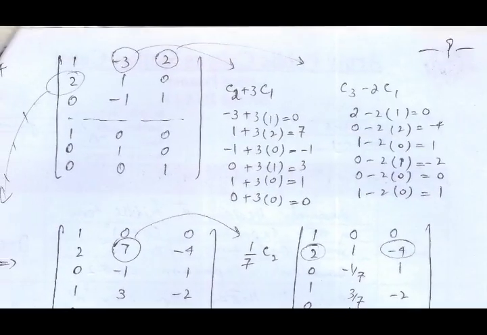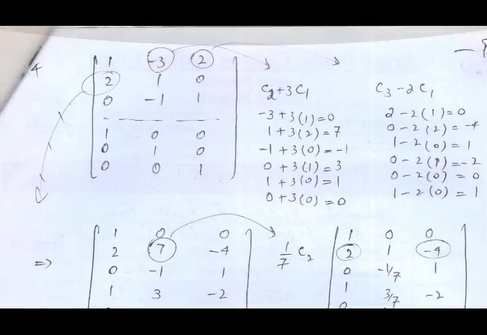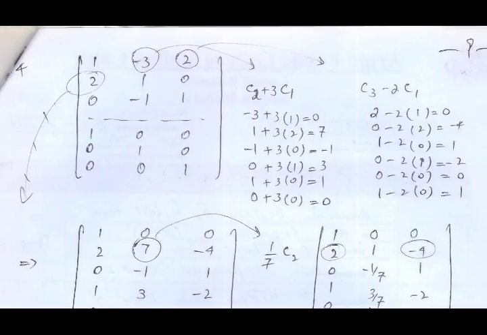Here we write the identity matrix below the original matrix, and we arrange the row values. We have 1, -3 and 2.